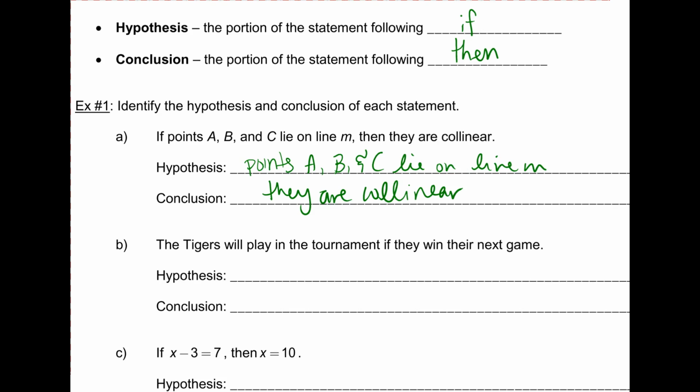All right, B. The Tigers will play in the tournament if they win their next game. Ooh, this does not have the word then in it. Can I rewrite this in if-then form? Okay, how would I write it, Ashton? If the Tigers win their next game, then they will play in the tournament.